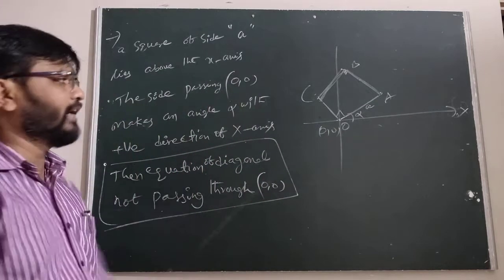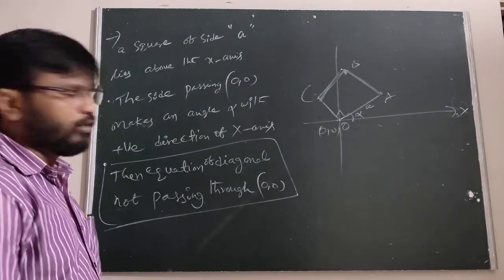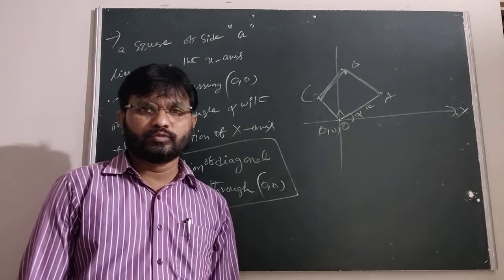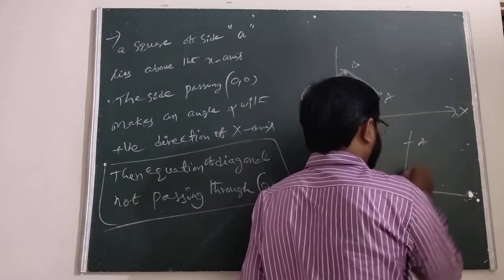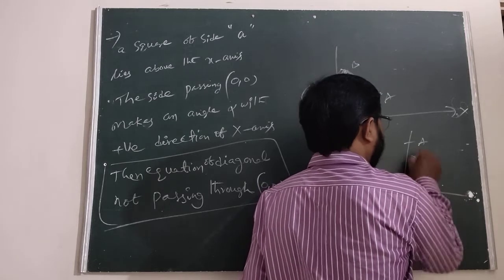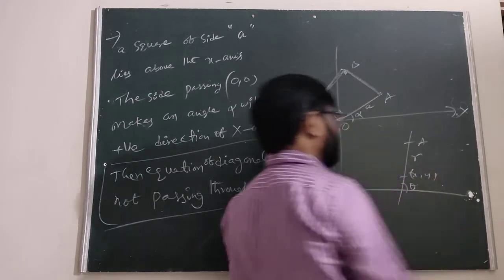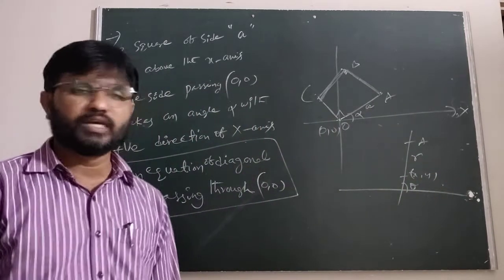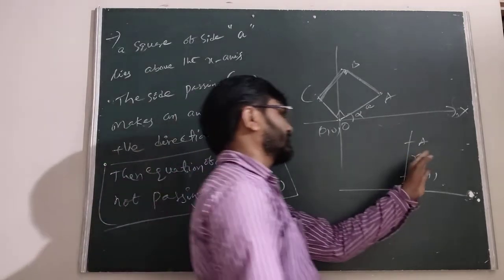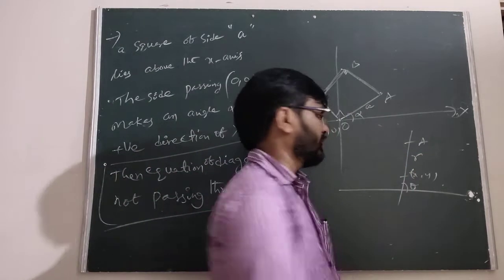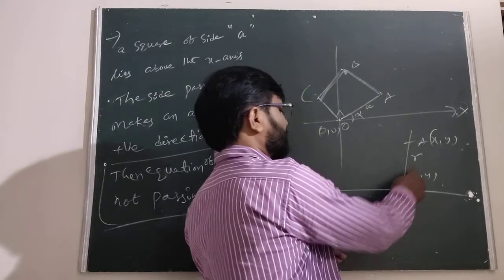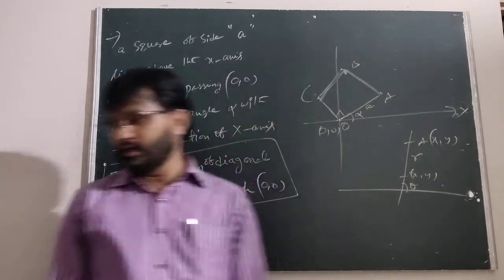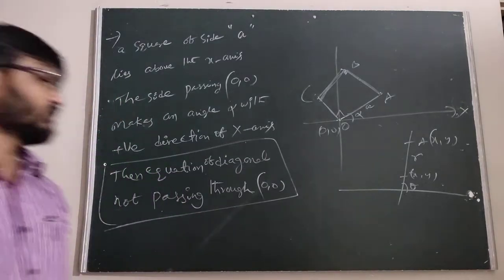How to find the point A? We know the parametric form. The coordinates from the point (x1, y1) at a distance r, making an angle theta: x = x1 + r cos theta, y = y1 + r sin theta.